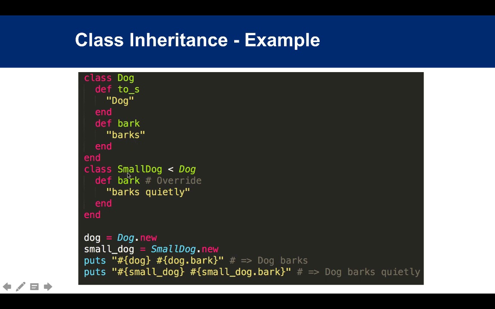Now we have a SmallDog class which inherits, that's what this symbol means, from the class Dog, and it can override the behavior of bark. It's a small dog, so it barks quietly. So you instantiate Dog, and you could also instantiate SmallDog, and when you print them out, you get dog barks regular, and then small dog barks quietly.